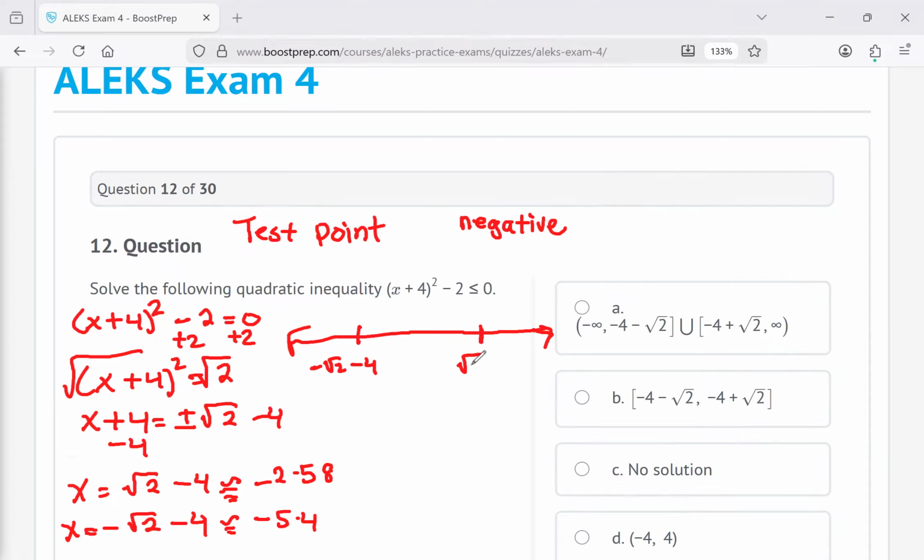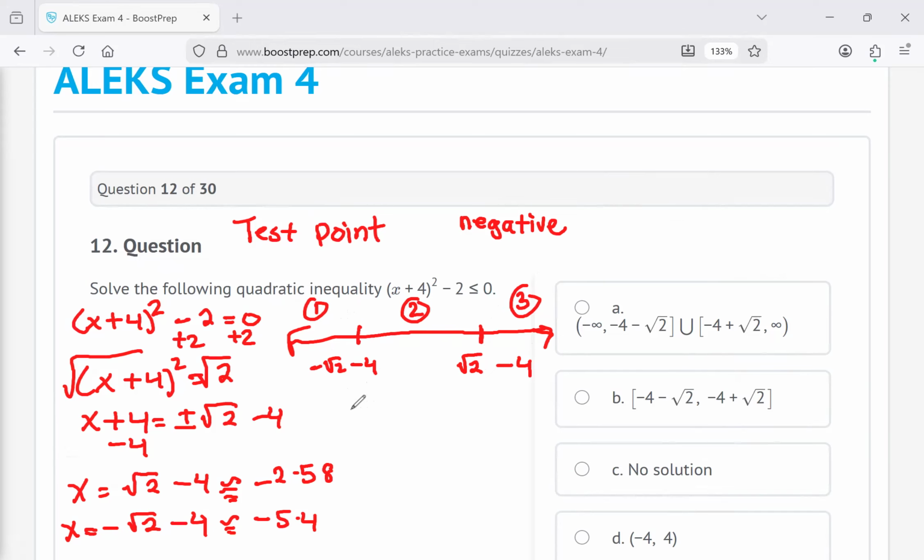So that's √2 − 4, right? So we have to test 3 regions. Region 1 is a number less than this value. Region 2 is a number between these two values, and region 3 is a number larger than this value.